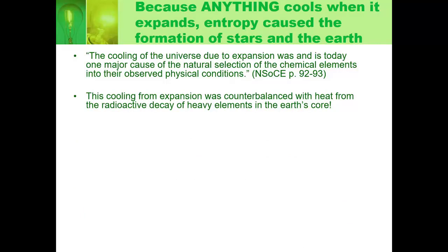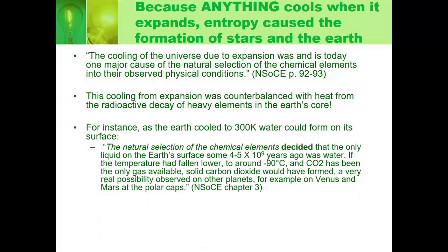Now we are not at 0.3 Kelvin like the rest of the universe, like most of outer space. We are at 300 Kelvin. And that's because we had sources that were keeping us hot. So elements in the Earth's core decaying, that gives off heat and that keeps us hot. And as long as we stay around 300 Kelvin, water could form on the surface, and we need water for life.